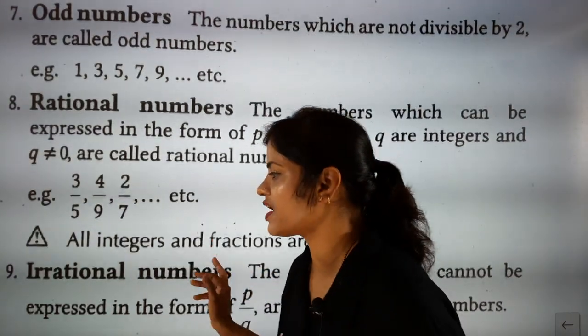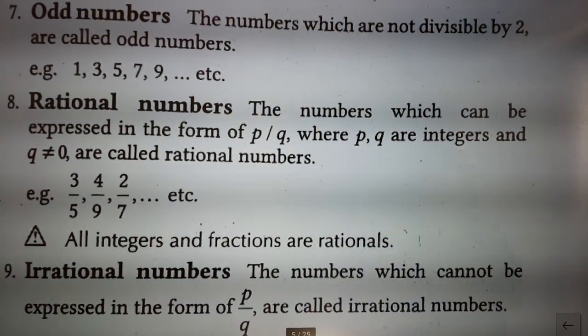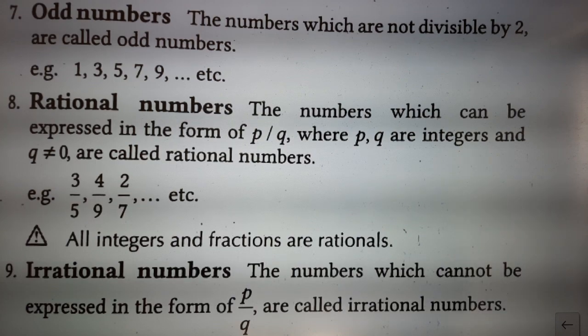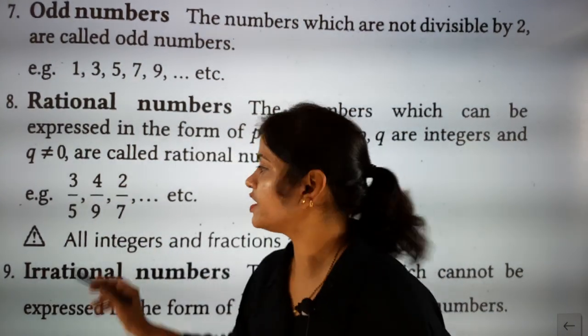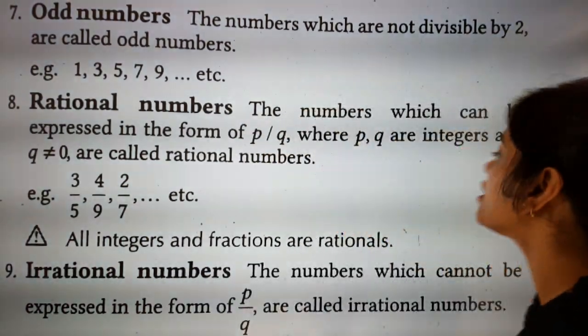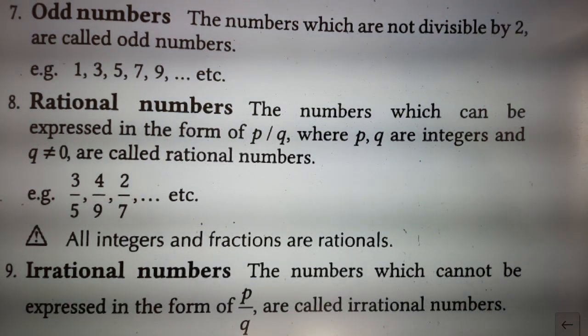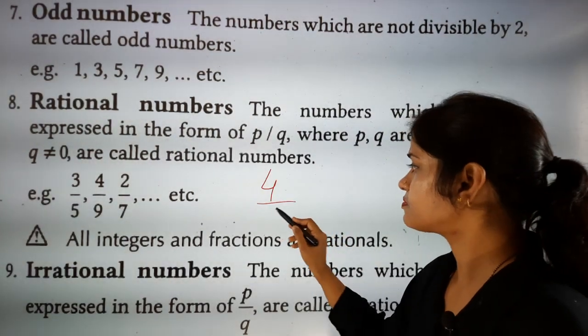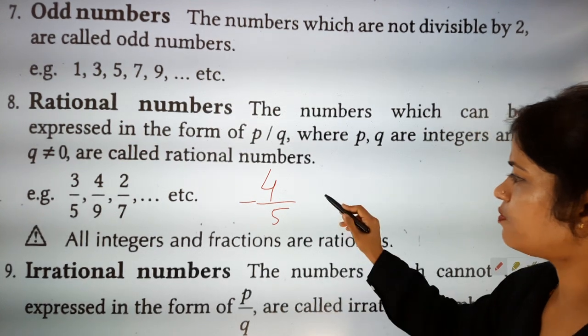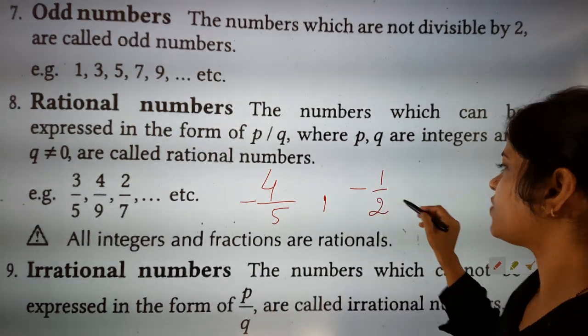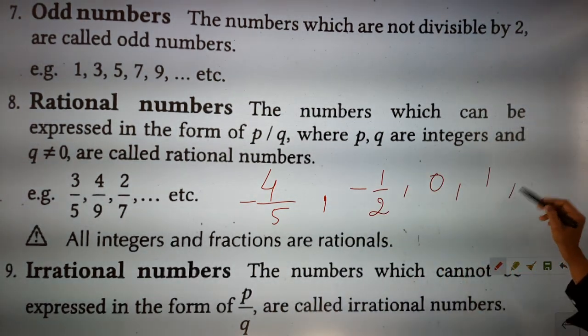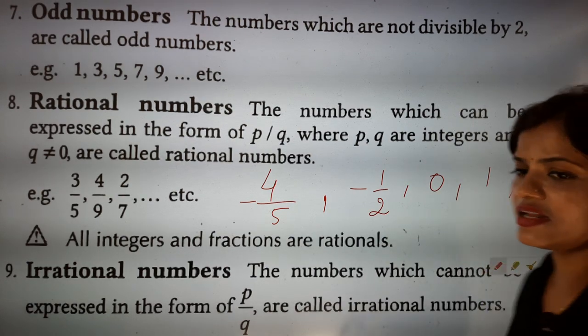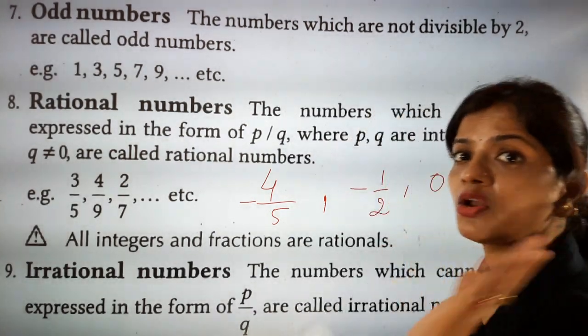Now we will go to rational numbers and irrational numbers. Those numbers which are in the form of p by q, where q is not equal to 0, are called rational numbers. Rational numbers can be negative also. So minus 4 by 5, minus 1 by 2, 0, 1, 3 are all rational numbers. So integers are also rational.